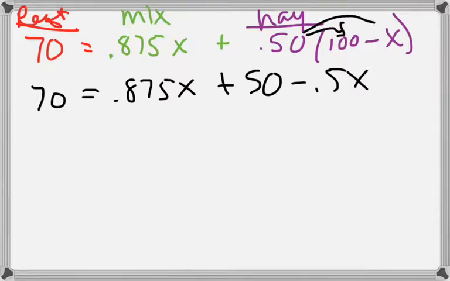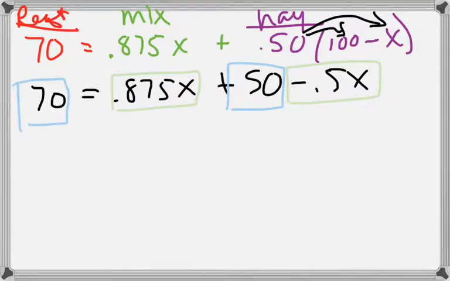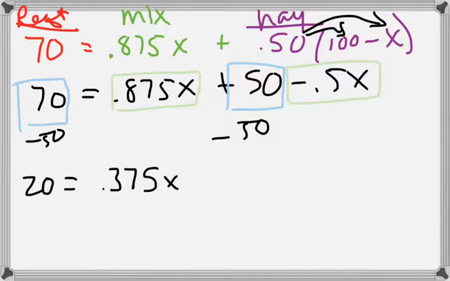Remember, we always have to go through the parentheses. As always, I'm going to find our like terms, the x's, and the whole numbers, so that when we solve this, we know what we're working with. We subtract 50 from both sides, which leaves us 20 over here. If we combine our like terms, we wind up with 0.375x.